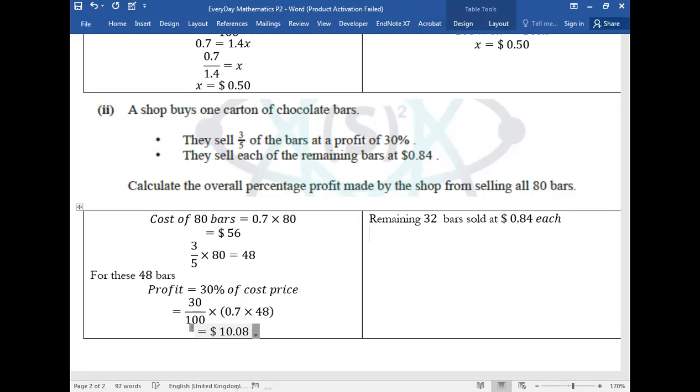If each bar was bought at 0.7, and sold at 0.84. Can you tell me the profit from every bar? 0.7 pay, the bar was bought, was sold at 0.84. So what is the profit of every bar? Yes.